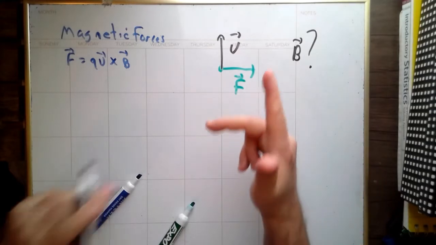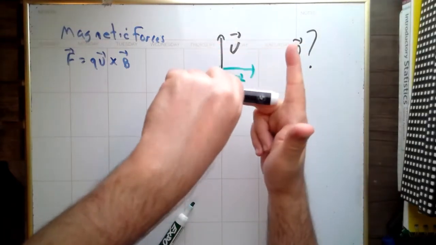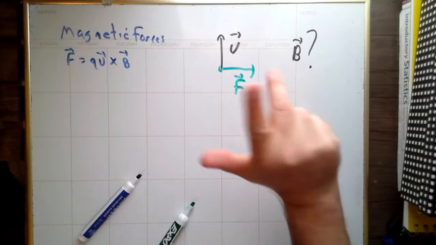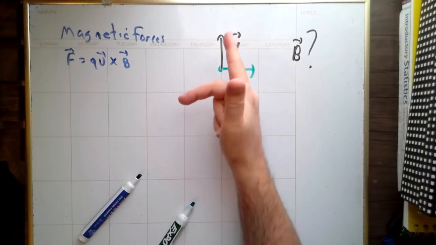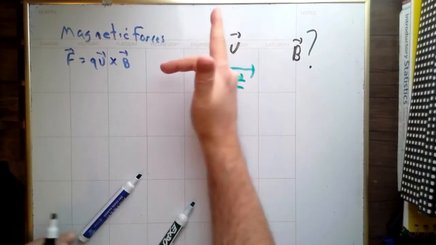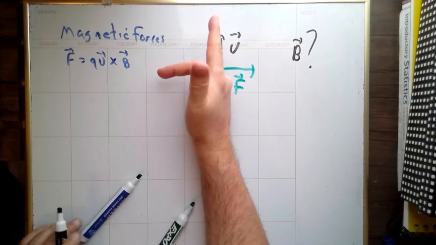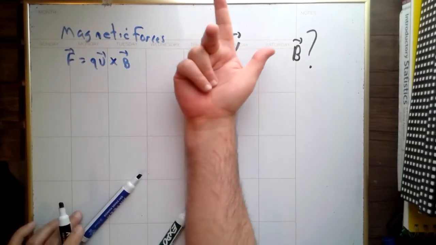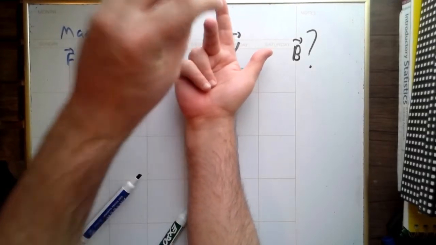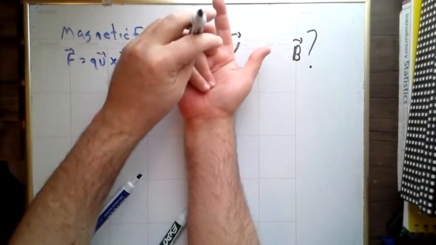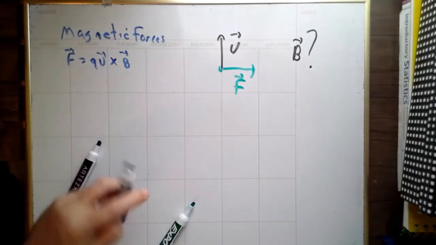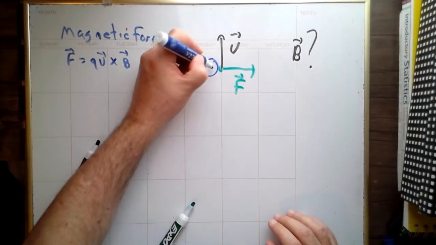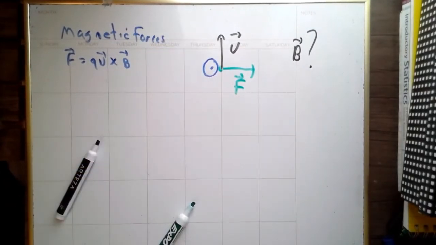So V, B, F. I got to get my pointer finger lined up with V, the velocity vector. Get my thumb lined up with F. Oh, B must be out of the screen here. So B would be pointing out of the screen.